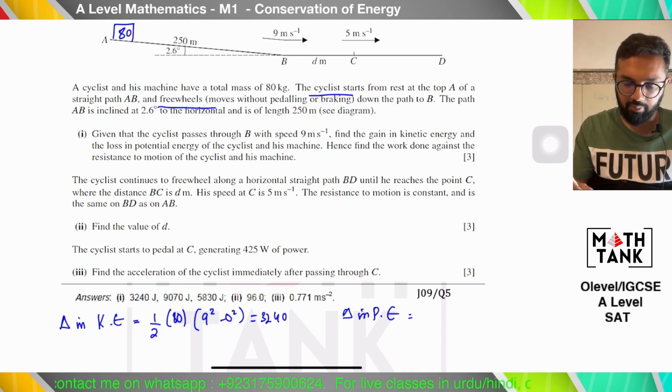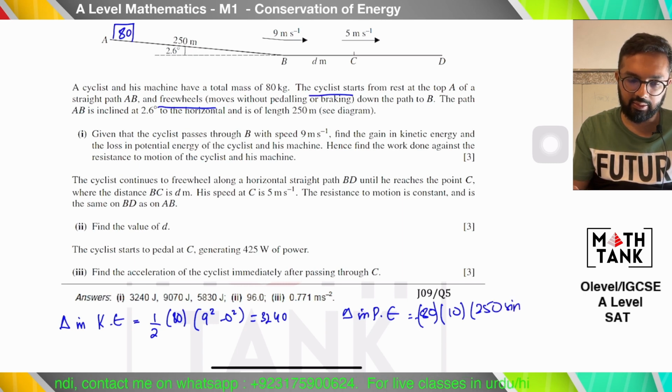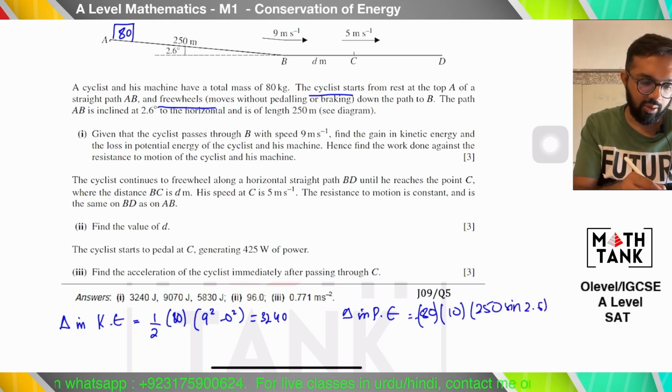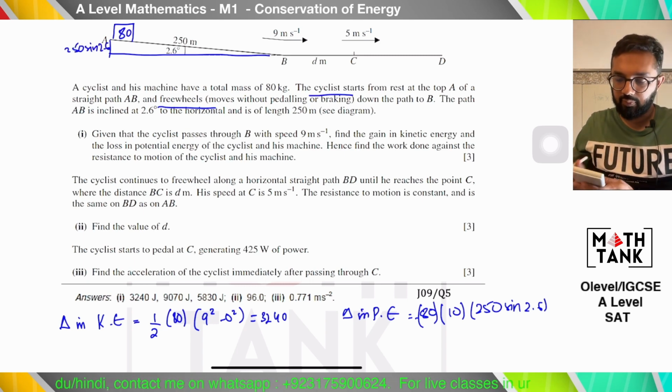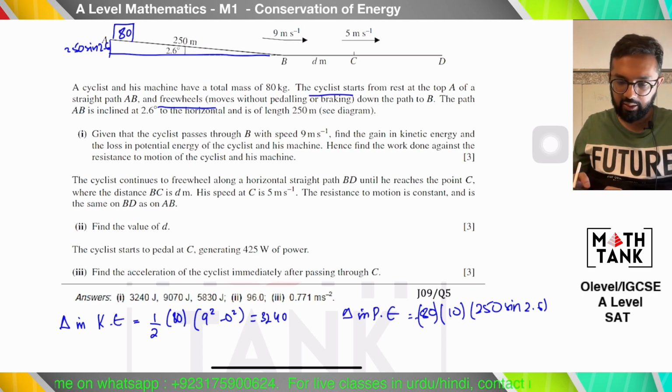So I have minus m g h, and h should be 250 sine 2.6. Okay, I'm considering a right triangle here. This is 250 sine 2.6. So minus 80 into 10 into 250 sine 2.6.